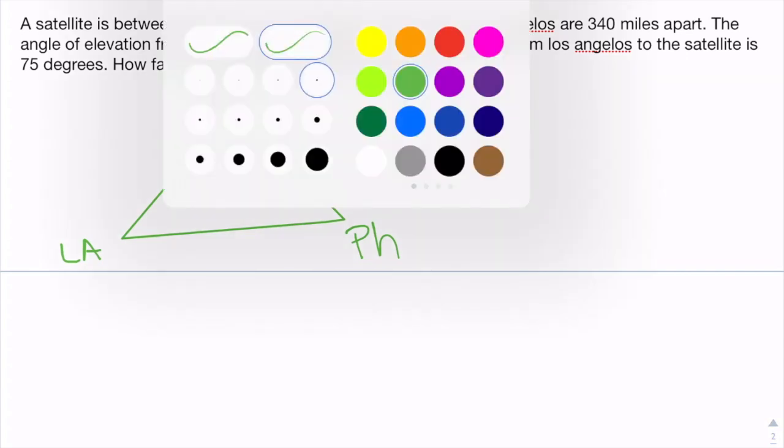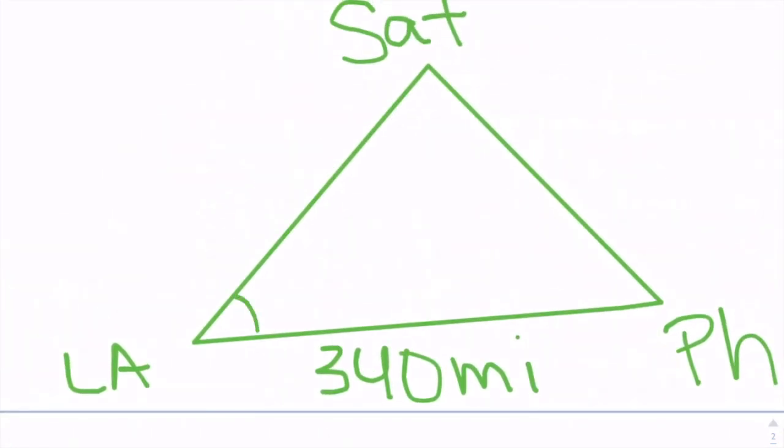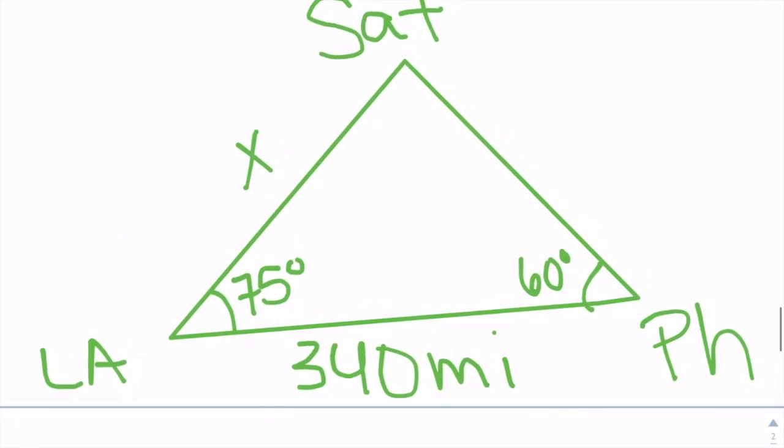We know that LA and Phoenix are 340 miles apart, and that the angle of elevation from LA to the satellite is 75 degrees, and the angle of elevation from Phoenix to the satellite is 60 degrees. We want to know how far the satellite is from LA, so we're going to solve for x right there.